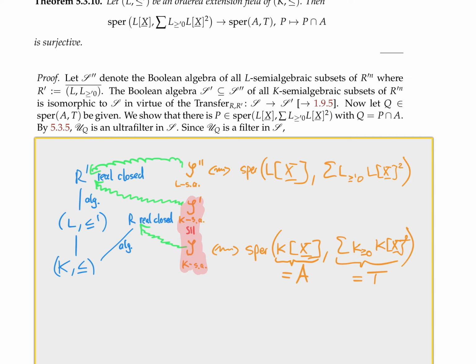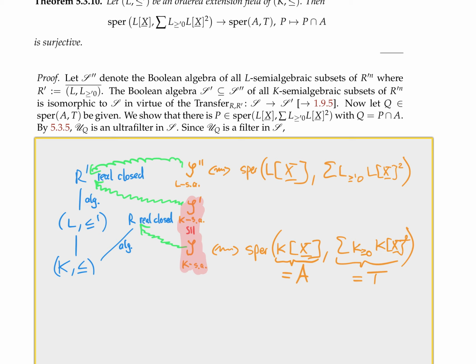So let's start with Brücker's ultrafilter theorem. So by 5.3.5, Brücker's ultrafilter theorem, U_Q is an ultrafilter in S, right? And now, how do I come from here to here somehow, in some nice way? So first, I can go by means of this transfer to here, right?